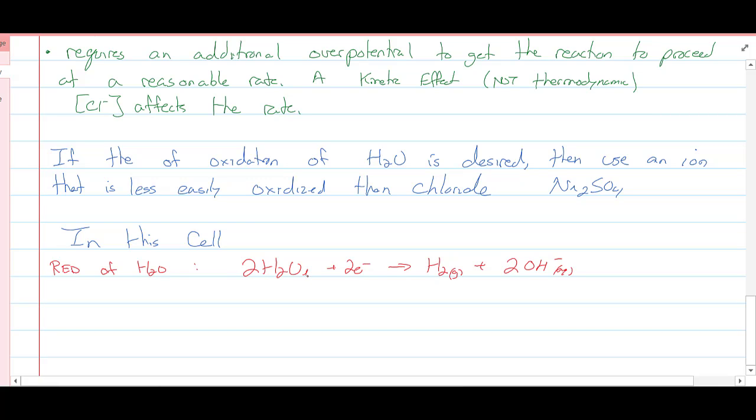Put my state symbols in. That standard cell potential is negative 1.2, no, it's negative 0.83 volts.